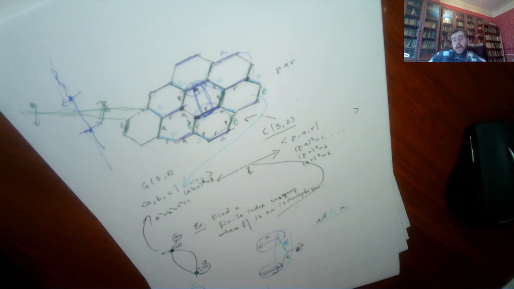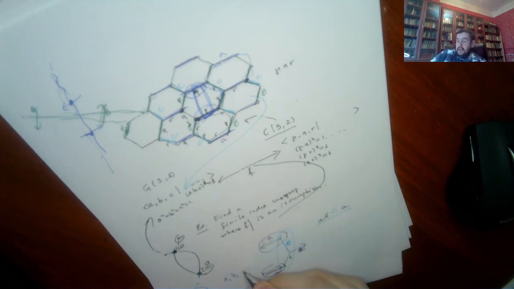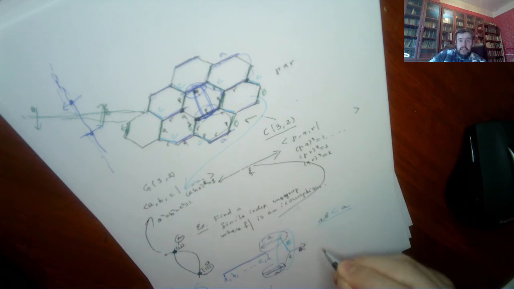And actually, they have to have the same first coordinate. And the same for B's and the same for C's. So actually, we see, if we write some word in A's, B's, and C's, we can see all possible cancellations between A's at once. And we can see all possible cancellations in B's at once.